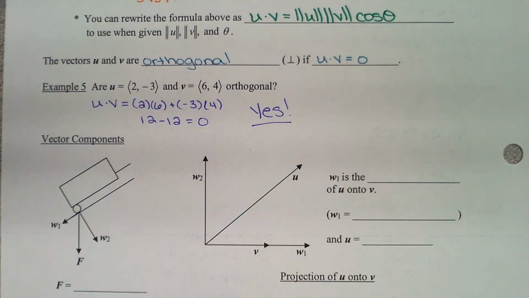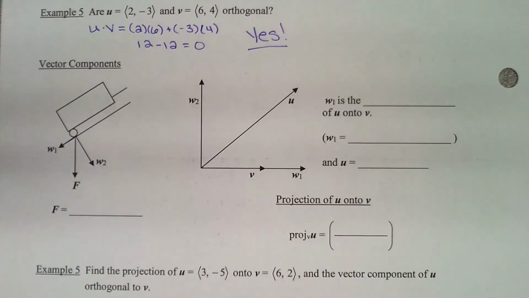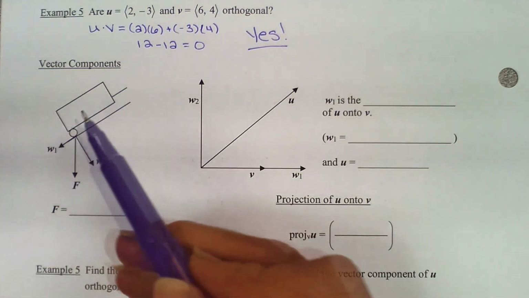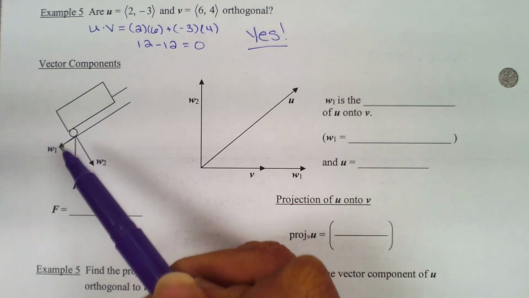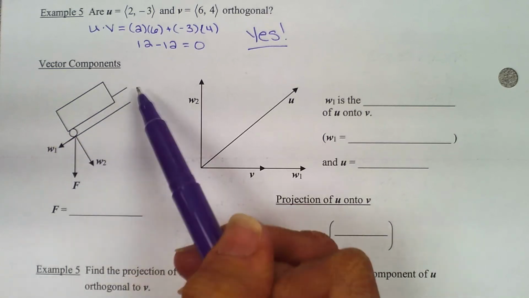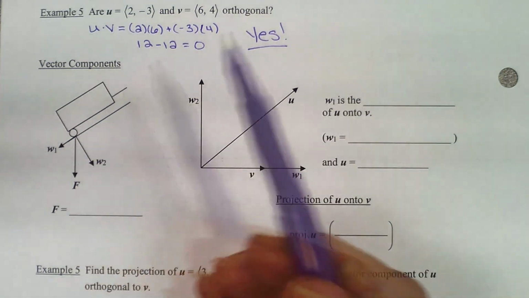All right, now the last stuff that we're going to get into is going to feel a little bit more physics. So for this first part here, picture this to be, and if you look in your book, it's a boat that's on a trailer that's going up a ramp. You can think of it as anything that's on a wheel getting pulled up a ramp.